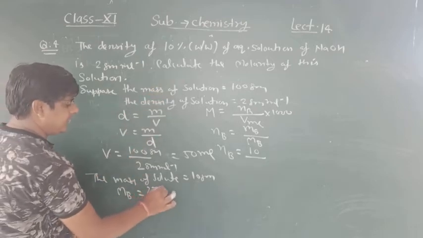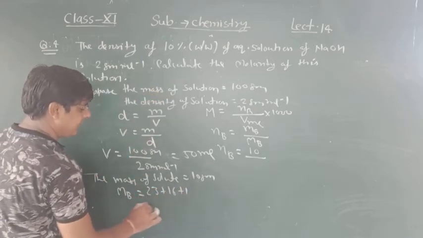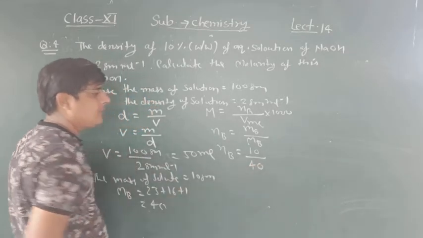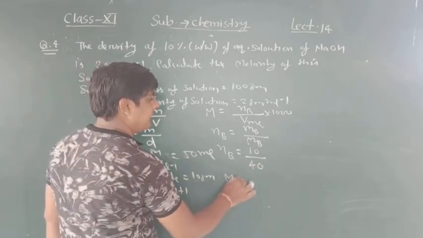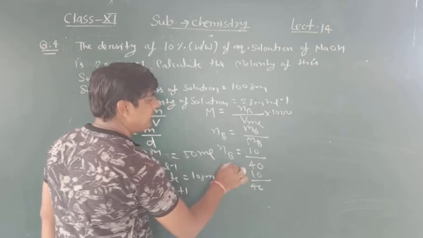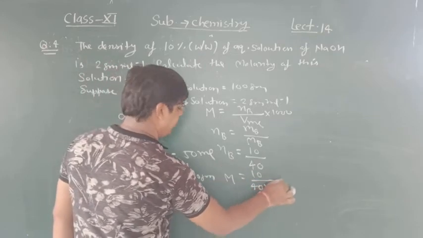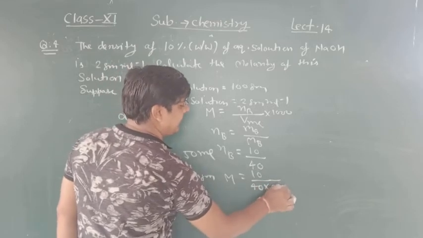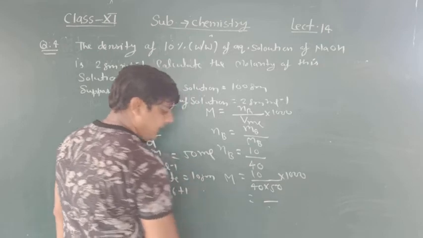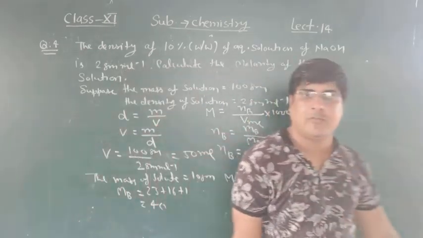NaOH, it means 23 plus 16 plus 1, it means 40. Molar mass is 40. So moles will be 10 upon 40. Volume is 50 and it is given in milliliters, so we will multiply it by 1000. Okay, do the calculation, that will be the answer for this question.